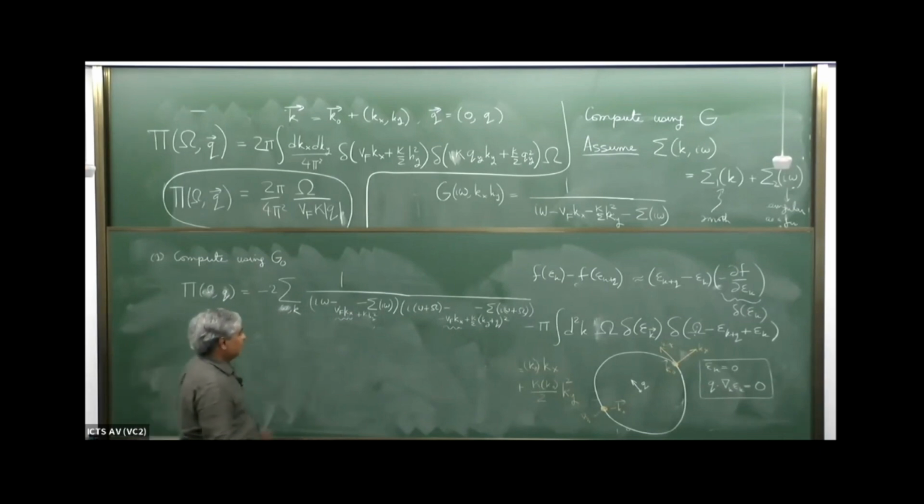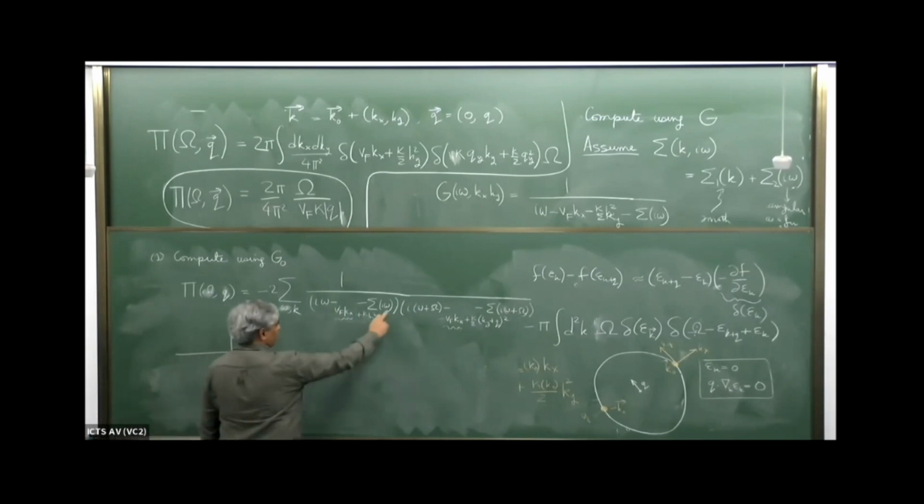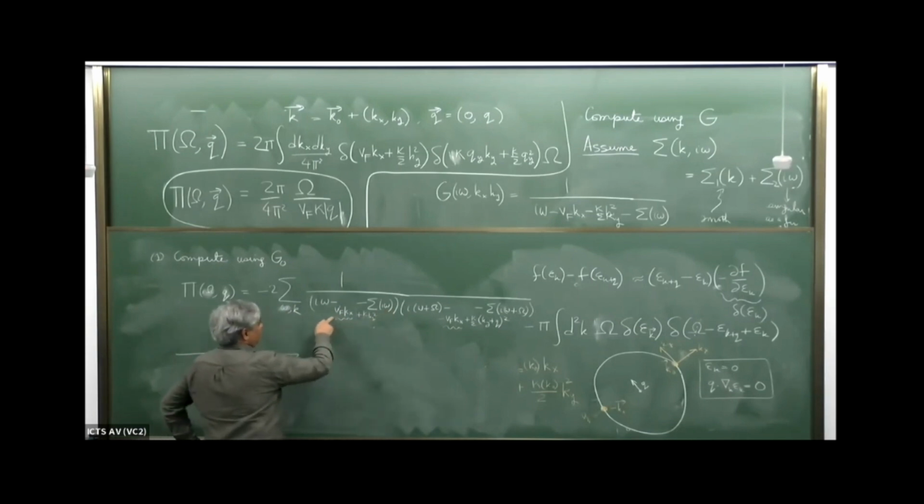Okay, so now if we look at this integral, you could do it by the method of residues. If this is the k_x axis, then this thing has a pole, and the pole, if I ignore the self-energy, will depend on omega.